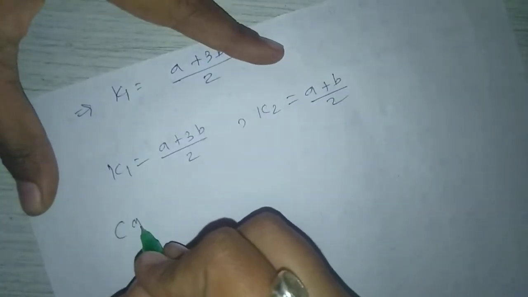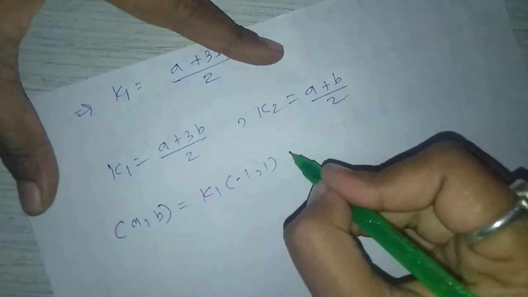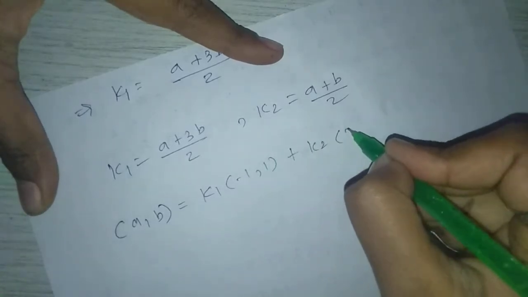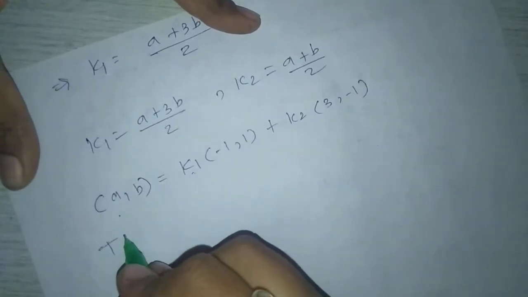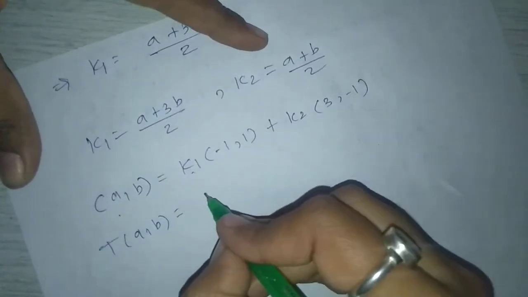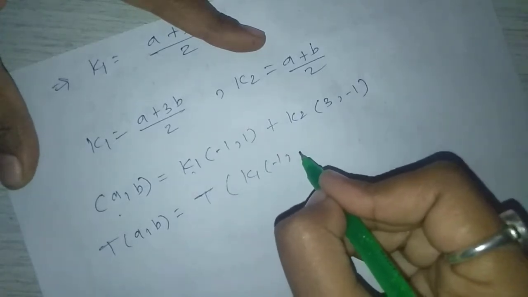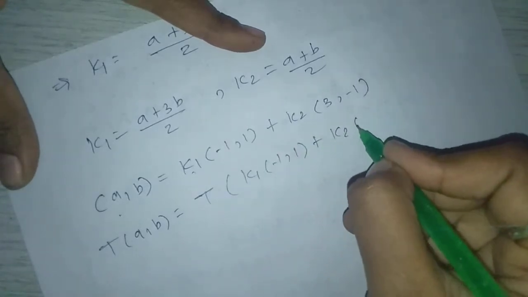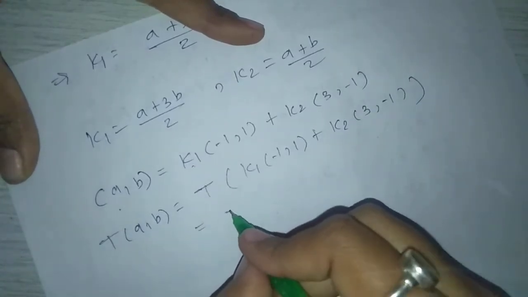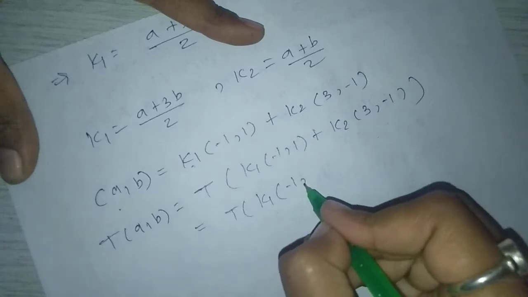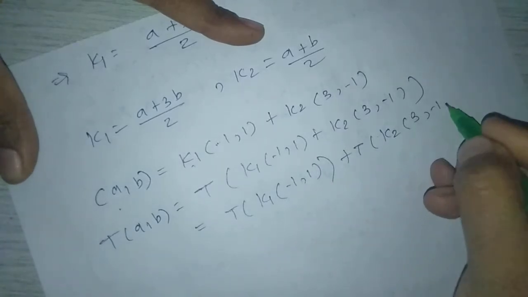We have (a, b) equal to k1 times (-1, 1) plus k2 times (3, -1). Now apply T on both sides, we get T of (a, b) equal to T of (k1 (-1, 1) plus k2 (3, -1)). T is a linear transformation, so T of k1 (-1, 1) plus T of k2 (3, -1).